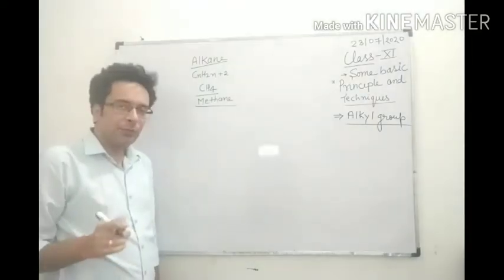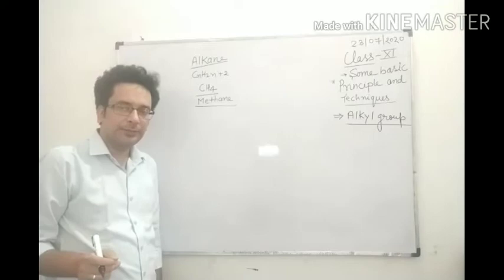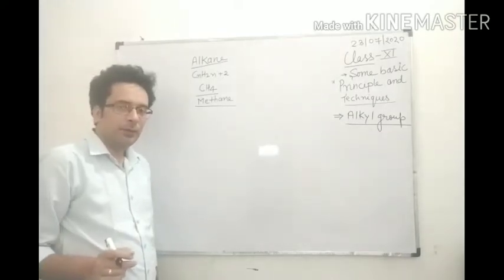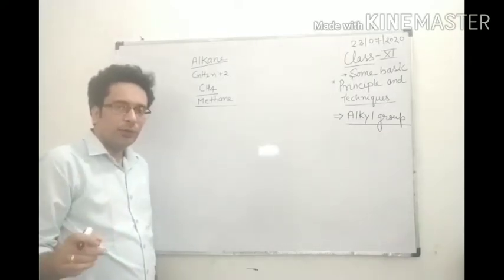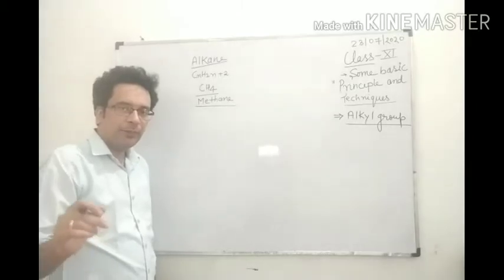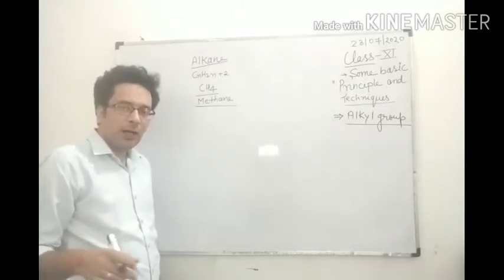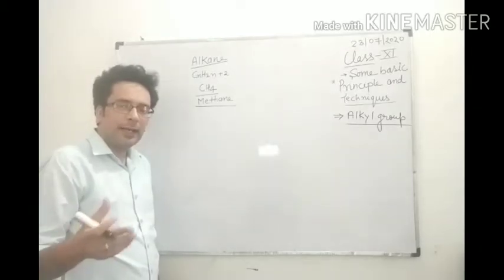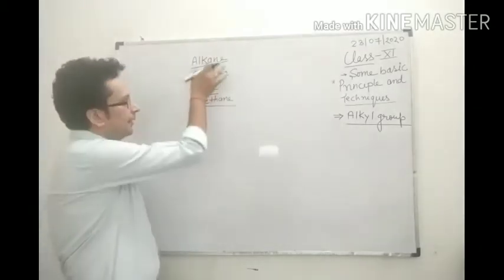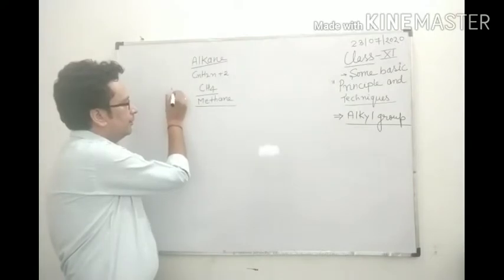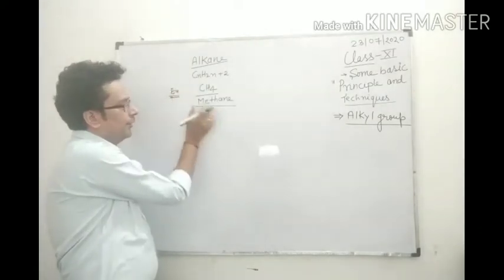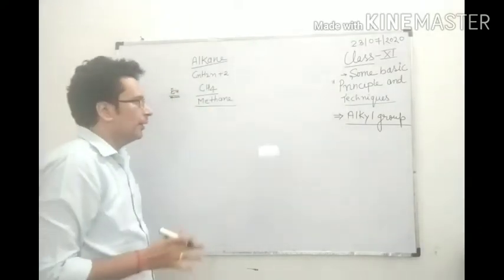When we remove one hydrogen from an alkane, the group obtained is known as an alkyl group. This is the alkane, and the example is CH4, named methane.